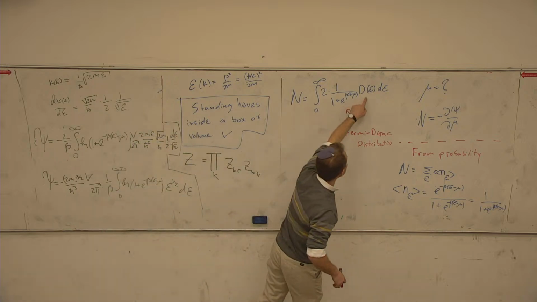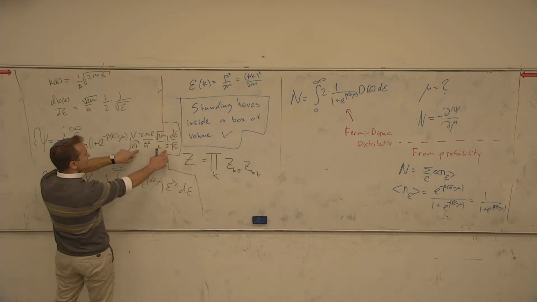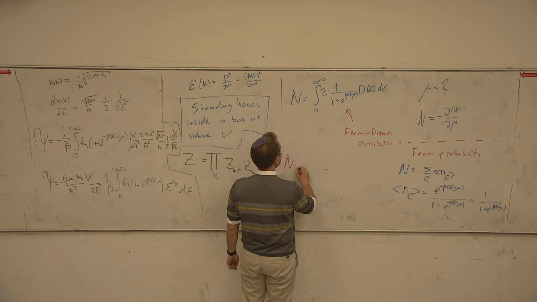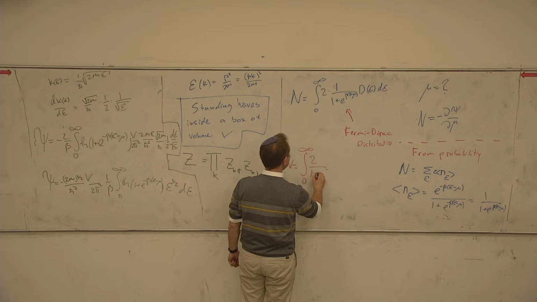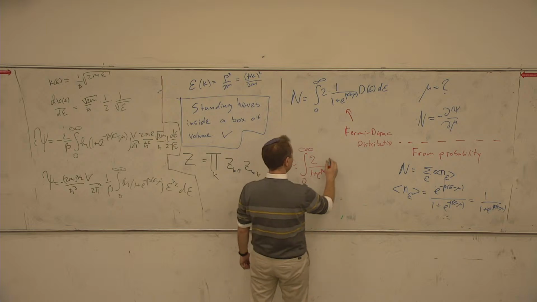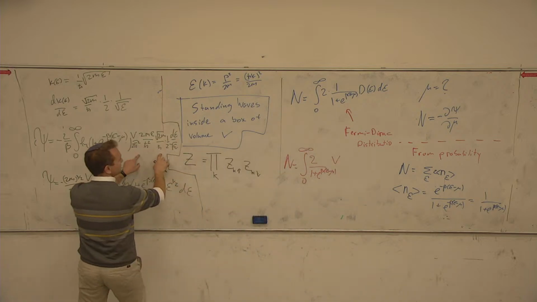Okay, now d of epsilon is the same d of epsilon that we had over here. This guy. Okay, so we have n equals the integral from 0 to infinity of 2, 1 over 1 plus e to the power beta epsilon minus mu. And here we have whatever we have over here.